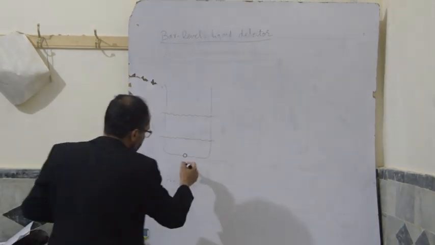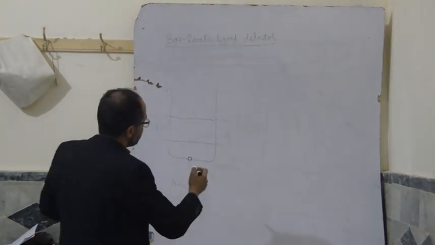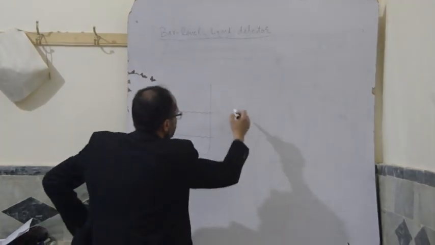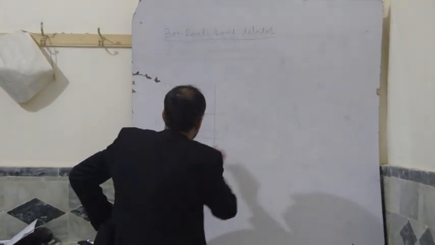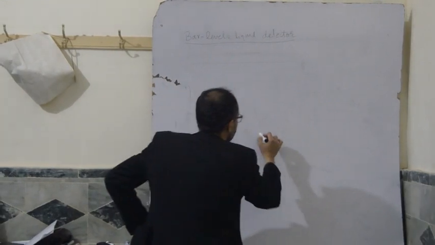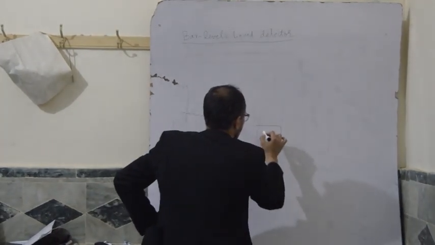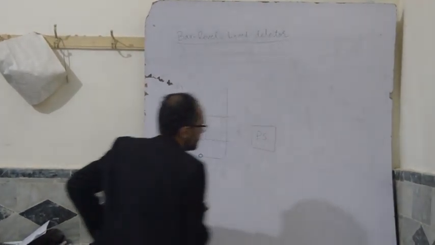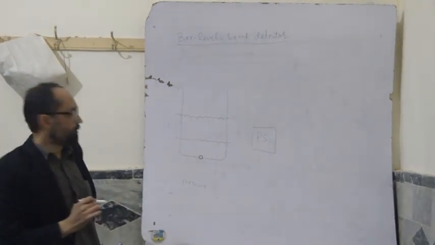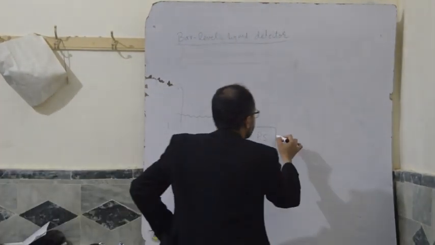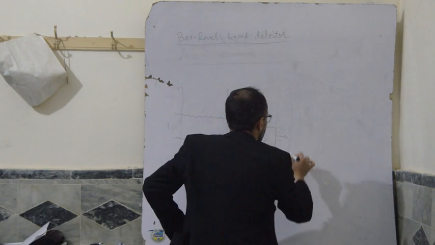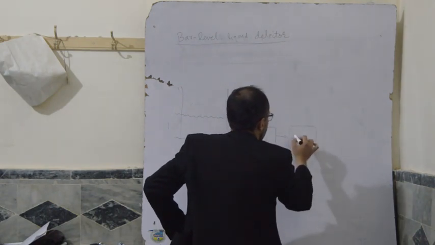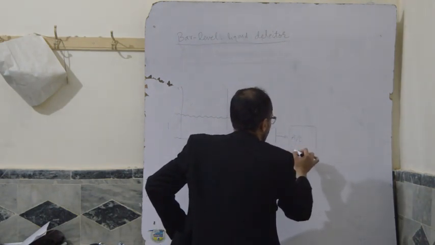So for this embedded system, we are using a pressure sensor. So this is an analog data. We have to convert this data into a digital data using an A to D converter.